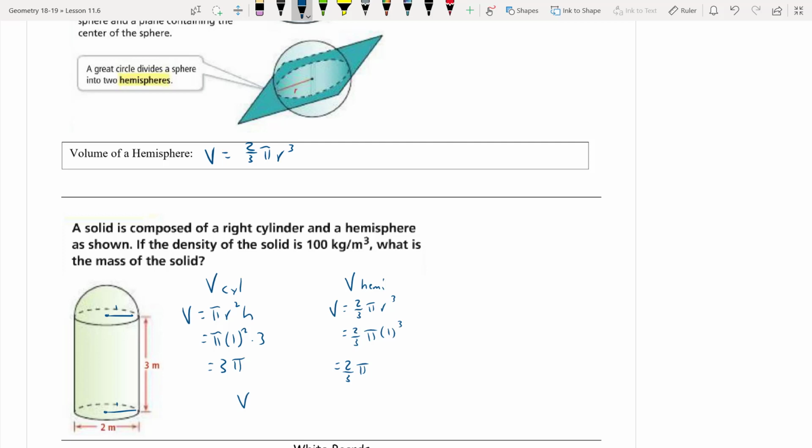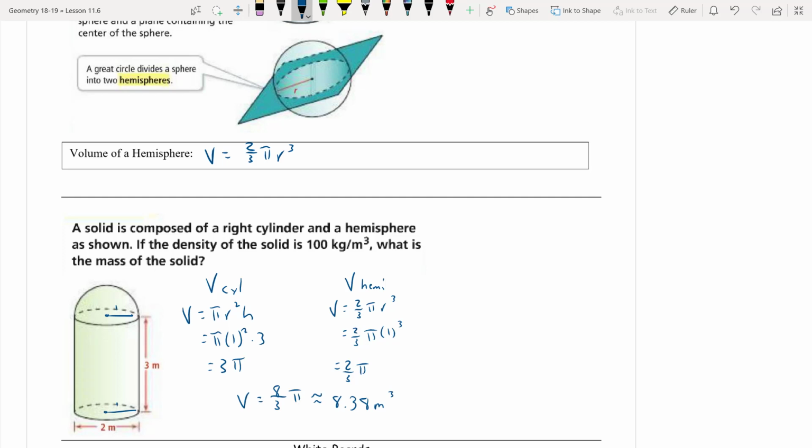So my total, if we just kept it in terms of pi, would be 3 2/3, or 11/3 pi. If you wanted to find your decimal approximation of that, it's going to give you approximately 8.38 meters cubed.